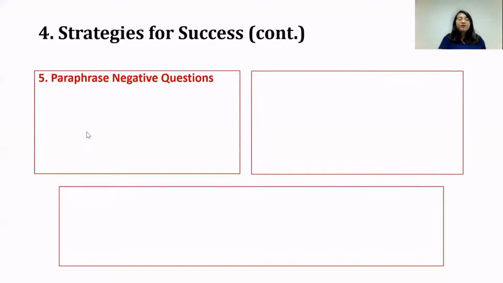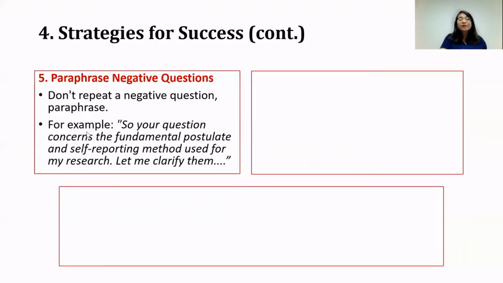Number 5, paraphrase negative questions. We know that negative questions are not good to be asked in a Q&A session, but it's still possible to happen. So that's why we need to paraphrase the negative questions. And we should not repeat a negative question. Instead, paraphrase it.